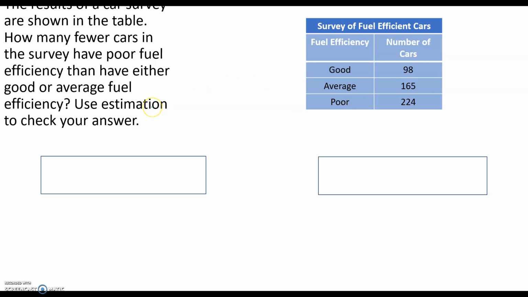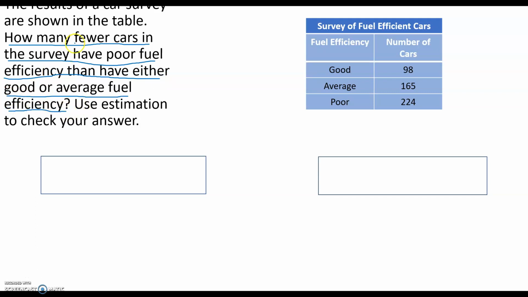So let's take a look at this problem. First of all, what is it asking us to find? All right, it's asking us to find how many fewer cars in the survey have poor fuel efficiency than have either good or average fuel efficiency.